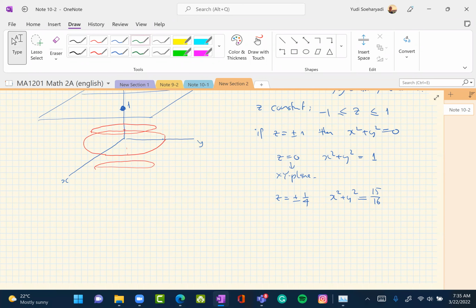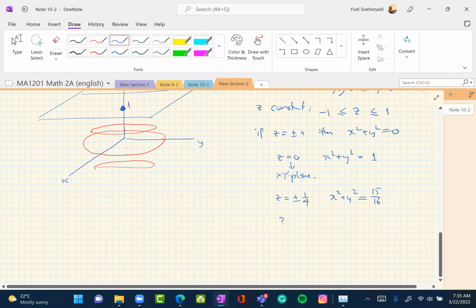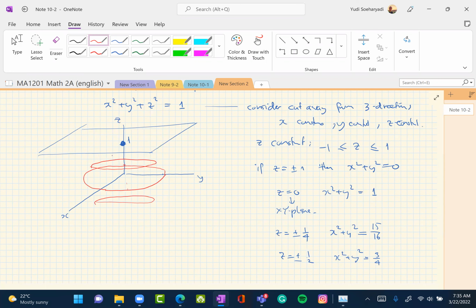And what about if say z equals 1/2? Z equals 1/2, then you have this is 1/4, so 3/4 there. Okay, so you get this one.